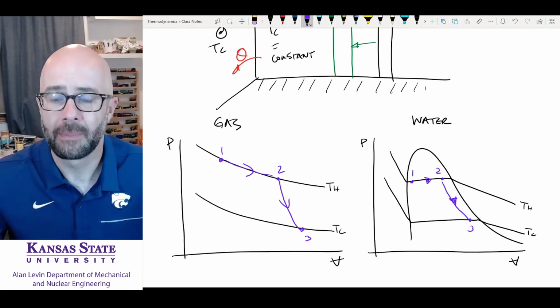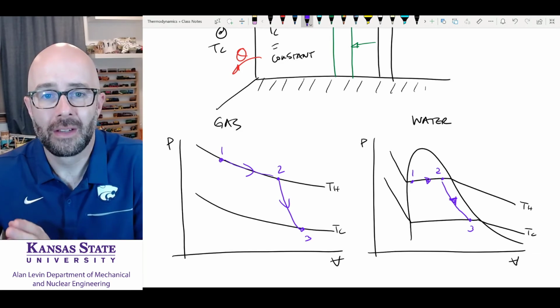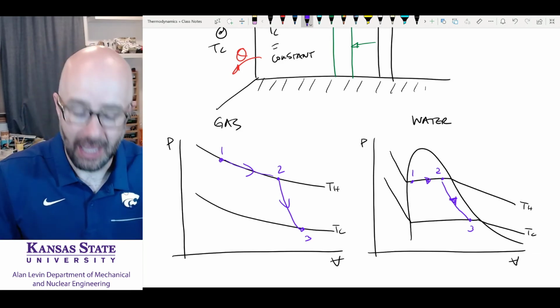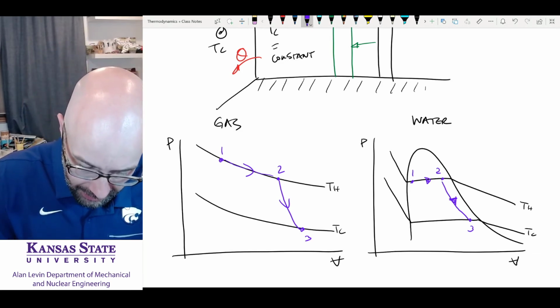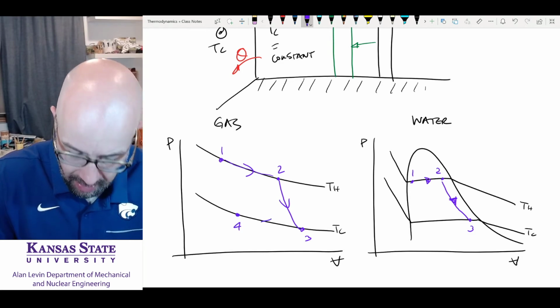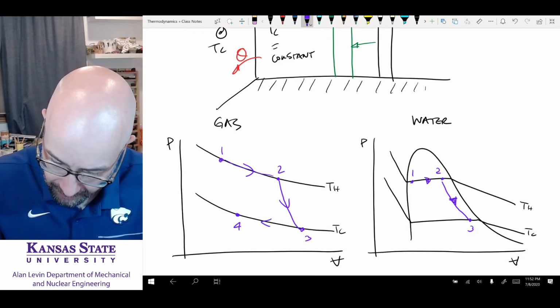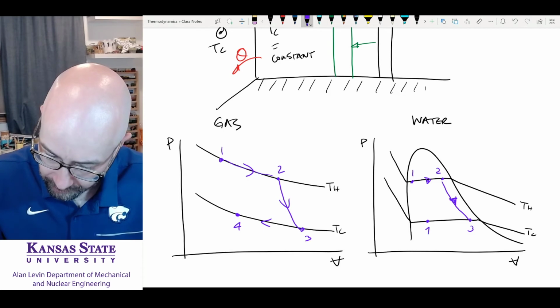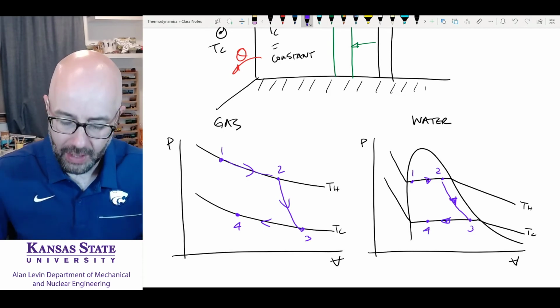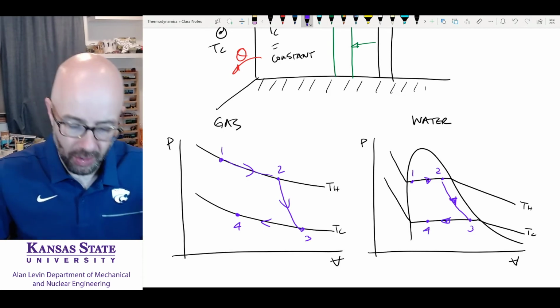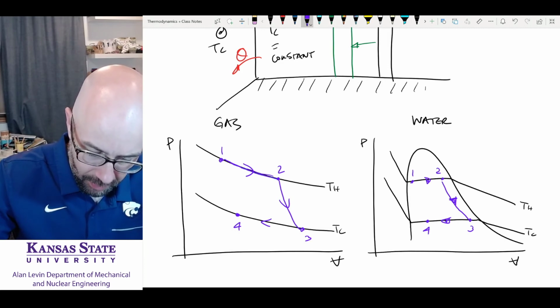Okay, that's what's happening. And now we're going compression. So that means we're moving back to the left, and we're going to go up here, someplace here, back over to state 4. Okay, that's where we are. So we should be able to map where we are.